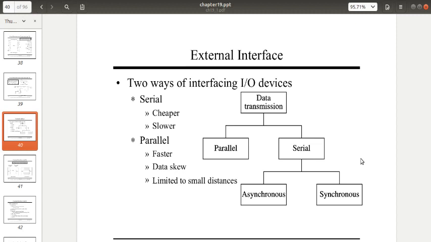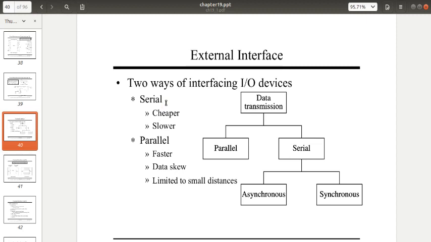When we say physical aspect, we are talking about which are the physical ports that we are using, how we are connecting devices. So input output interfacing ports can be classified into two: serial and parallel. Serial means we'll be transmitting bit by bit, only one bit at a time.